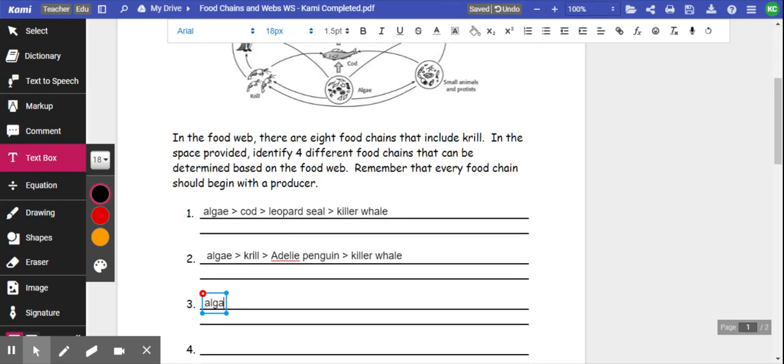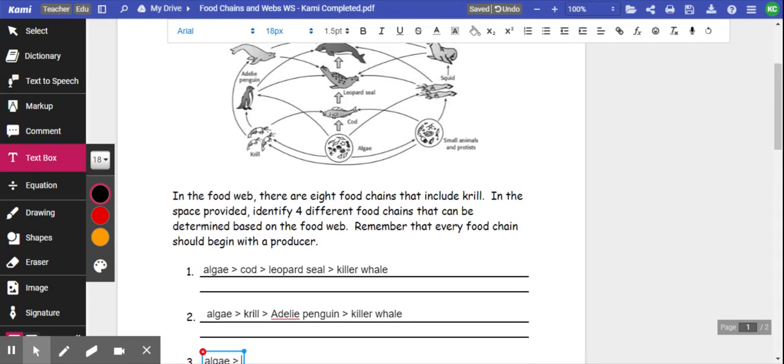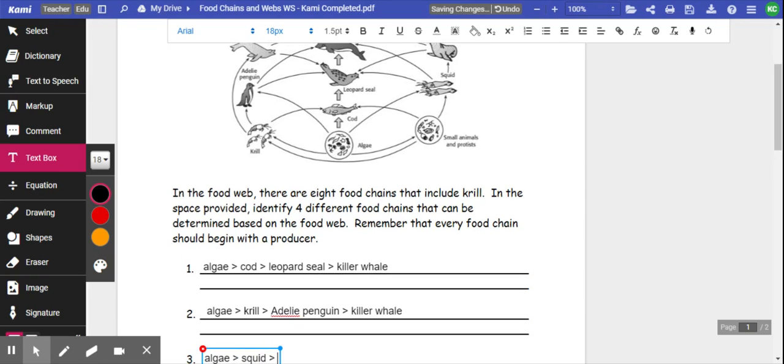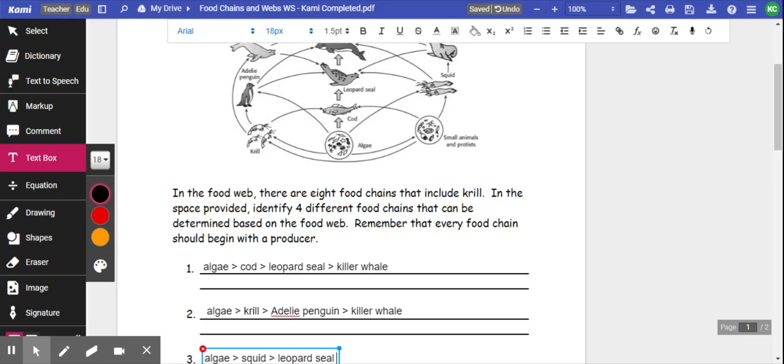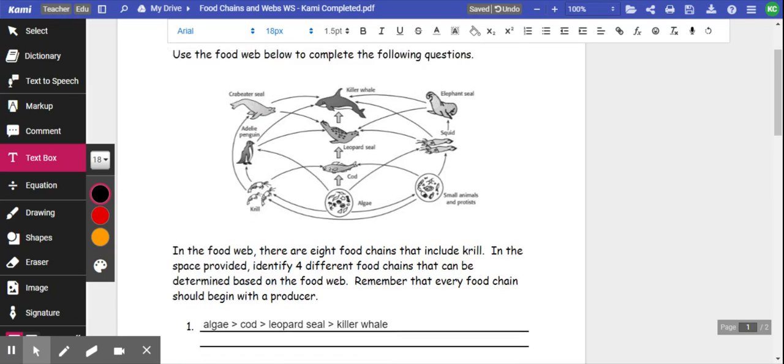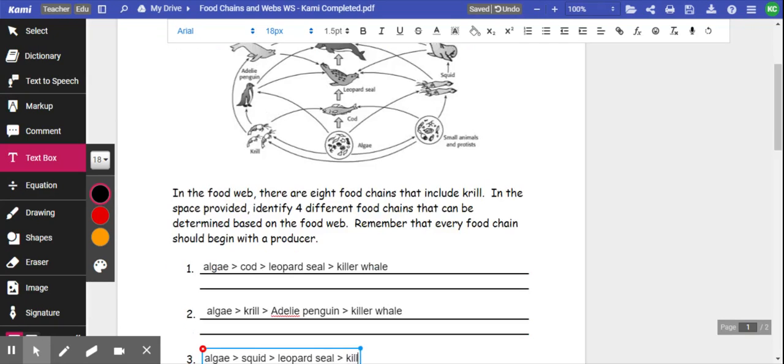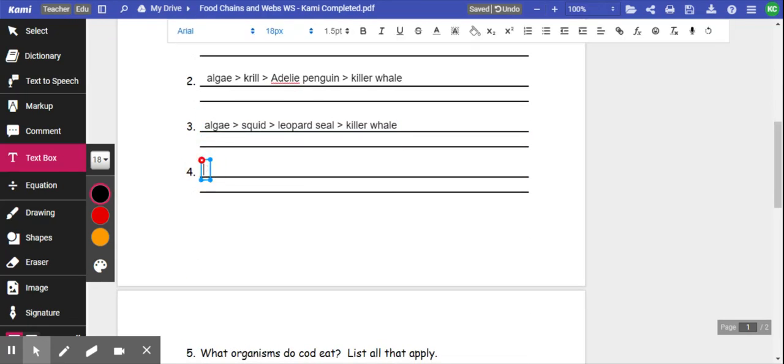Next, we got to start with algae. Let's go to squid. And then from the squid, we can go to the leopard seal. And then from the leopard seal, we can only go to the killer whale. There are 3 food chains.